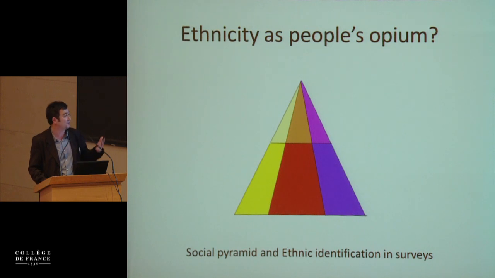I throw that just as a suggestion in the room, because when we look at the intensity of ethnic identification across the social pyramid, it's pretty much visible that it's in the lower status occupations that ethnic identification is the strongest, whereas among the more educated and those who hold formal jobs in the formal sector, the identification is much less intense.